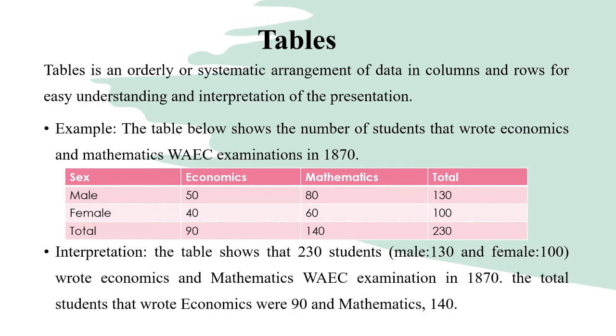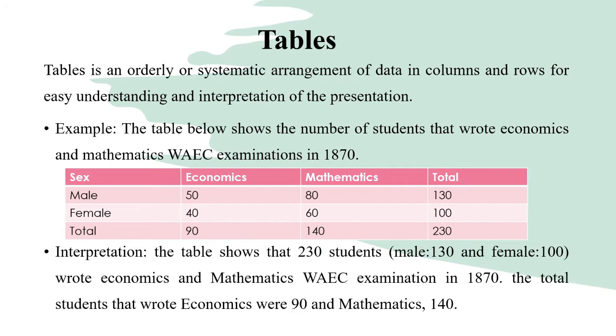Columns are the vertical lines, while rows are the horizontal lines. For example, the columns are sex, economics, mathematics, total, while the rows we have the male, female, and total.